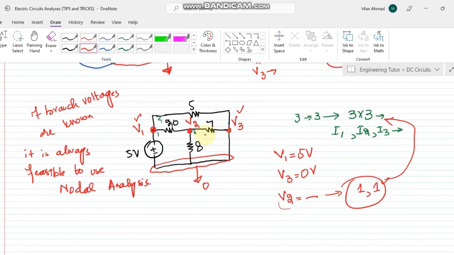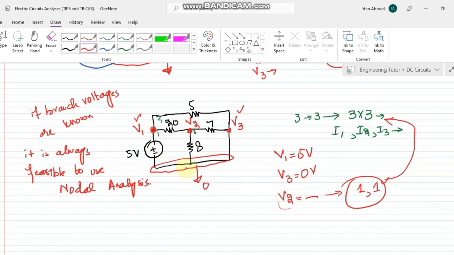Similarly, another scenario here is that it always depends upon the selection of your reference node. In any circuit you have to see whether the selected reference node is making the problem easier for you or harder. In many circuits, it will be your duty to select the reference node.